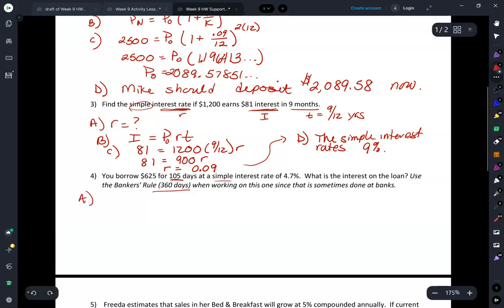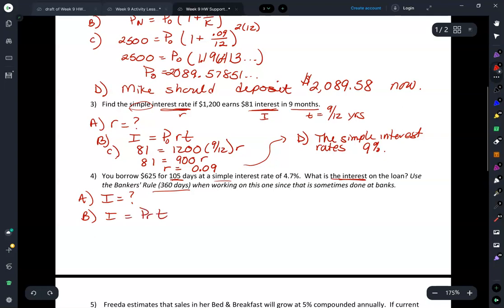So what I'm trying to find is the actual interest on the loan, the dollar number, so capital I. I'm given enough information where I can actually just use I equals PRT for that one. So it kind of makes it nice.